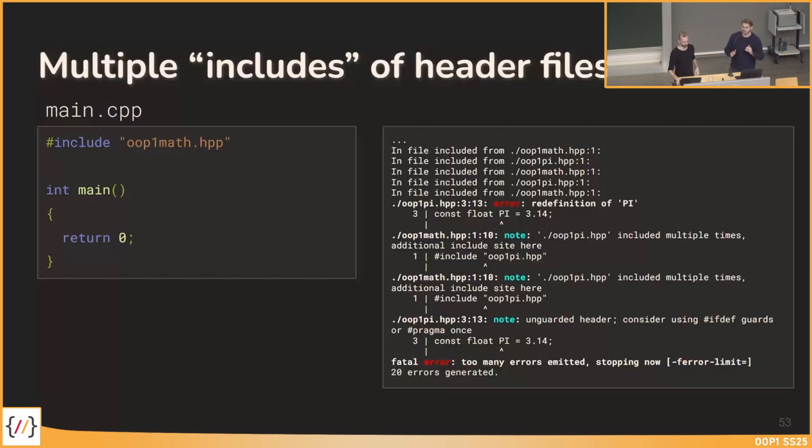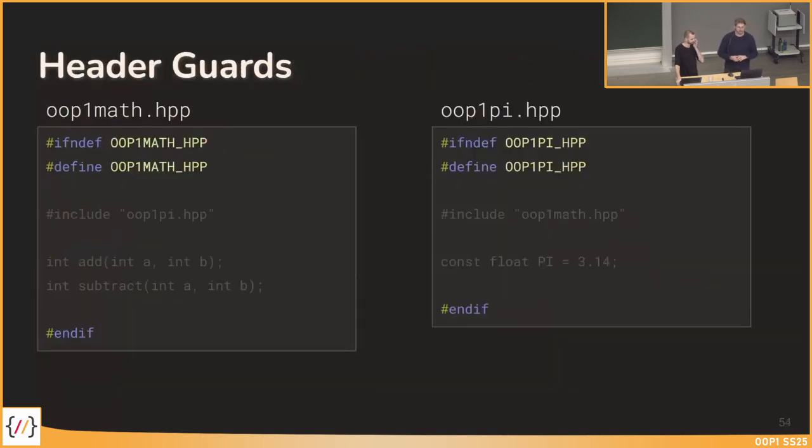There are some cases, of course, this is again artificial, but there are some cases where you will have some circular includes of header files, and where you will maybe encounter the same issue as displayed here. And how can we now solve this problem? We can use header guards. Header guards are actually 3 lines of code in your header file. So when you have a header file, you should always have these 3 lines here.